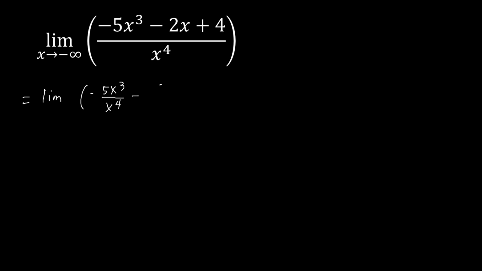And then we have minus 2x over x to the power 4. Then we have a plus here, and then 4 over x to the power 4. So that once you wanted to put it back, you still have the same function that you've got there.